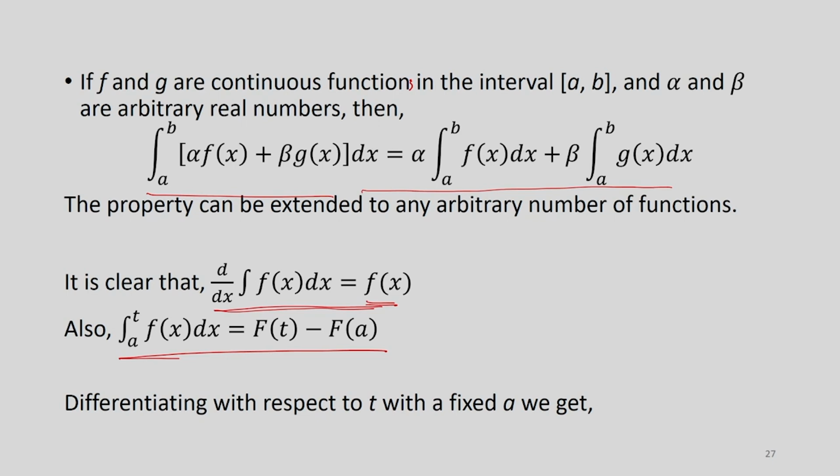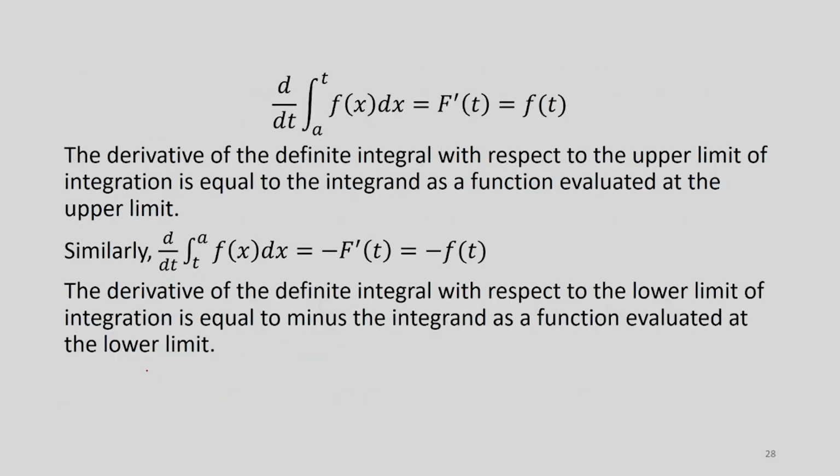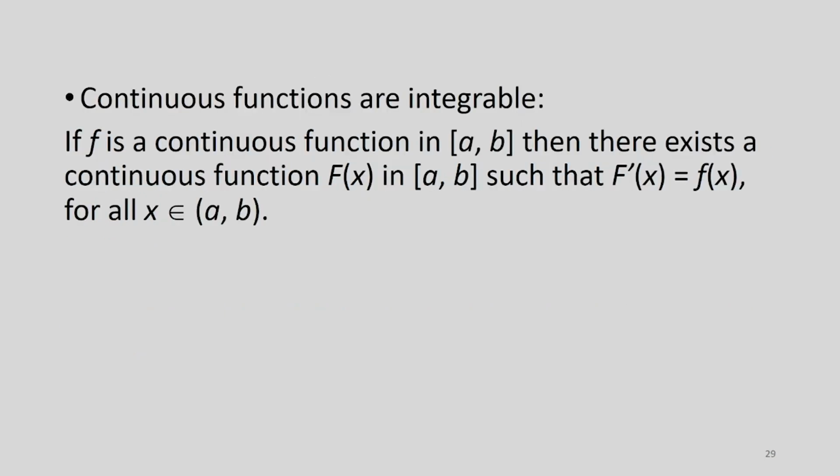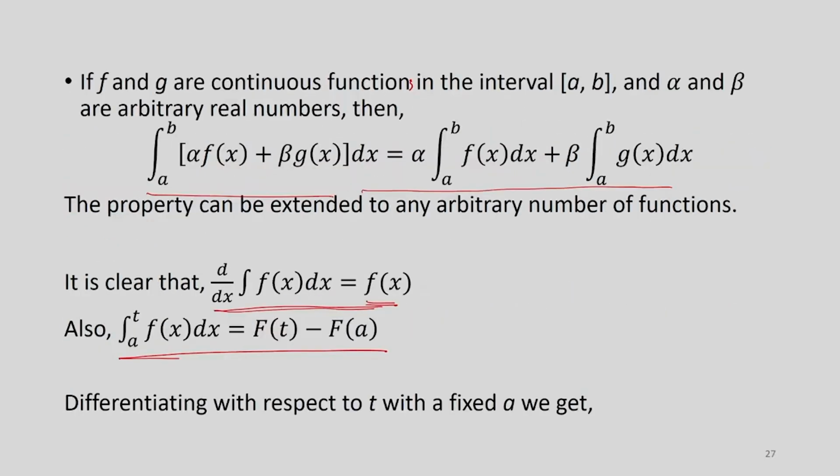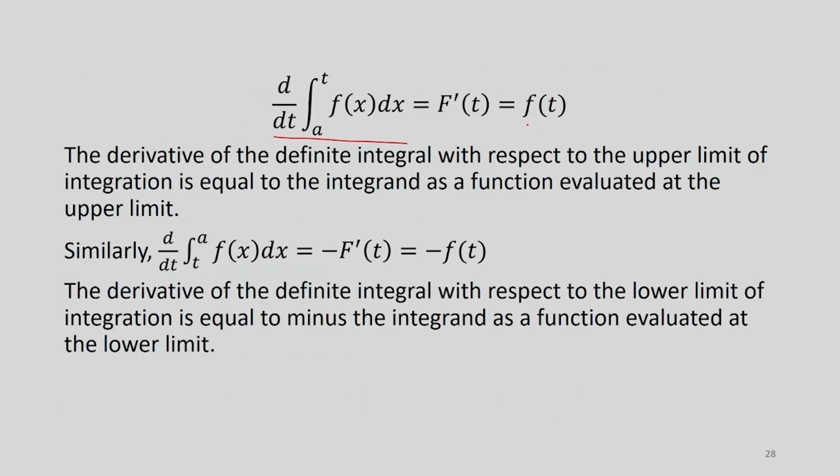Then what do we get? If I differentiate this, then the left hand side will be d/dt of the integration of f(x) dx from a to t, and on the right hand side this term will drop out because it is constant, and the differentiation of capital F(t), as we know, is equal to small f(t).